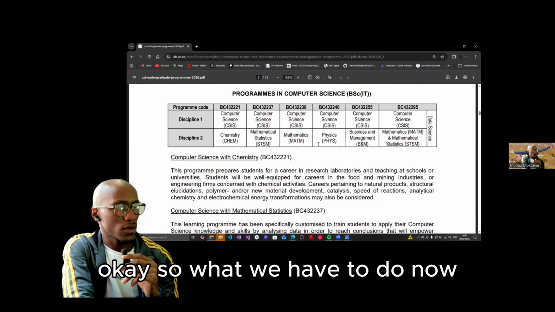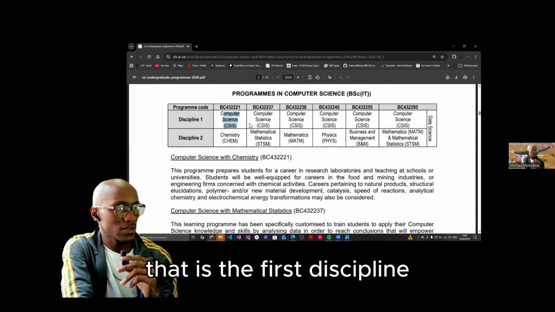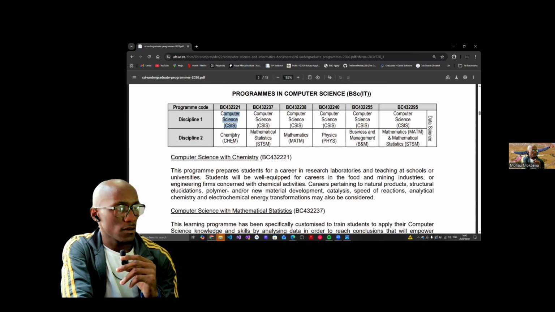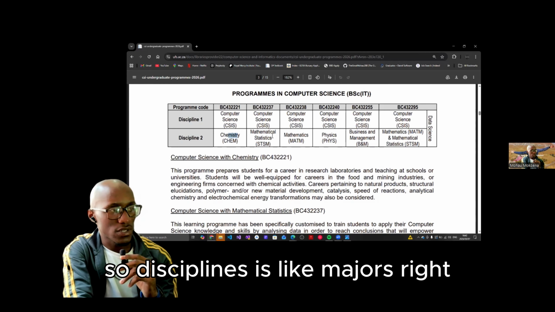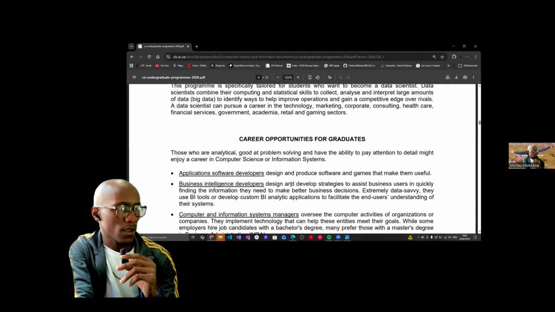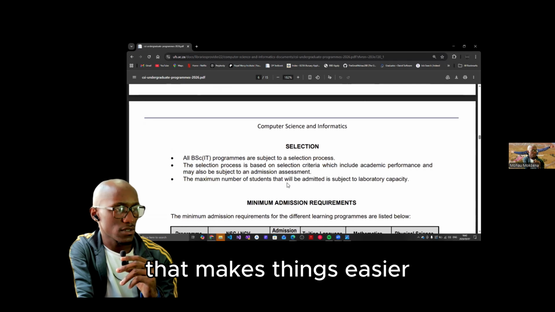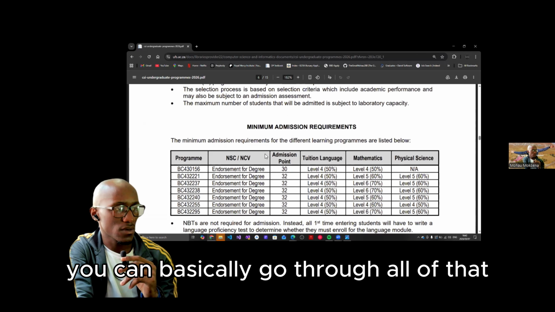Okay, so what we have to do now is the computer science, that is the first discipline. The second discipline is chemistry. So disciplines are like majors, right? But we are not looking for that. There's this diagram that they like using that makes things easier. You can basically go through all of that.